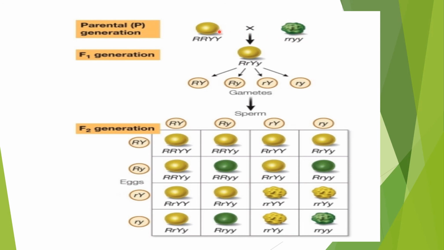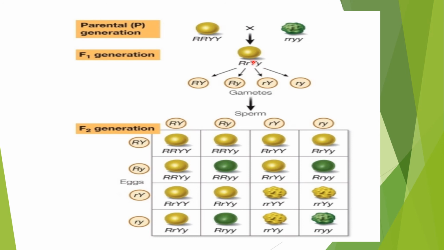So this parent is homozygous round and homozygous yellow. And this parent is homozygous wrinkled and homozygous green. So they are pure for the characters we have taken into consideration. Now in the next generation, after the gametes are formed by these individuals, all of the next generation of offsprings will be having the genotype capital R, small r, capital Y, small y.